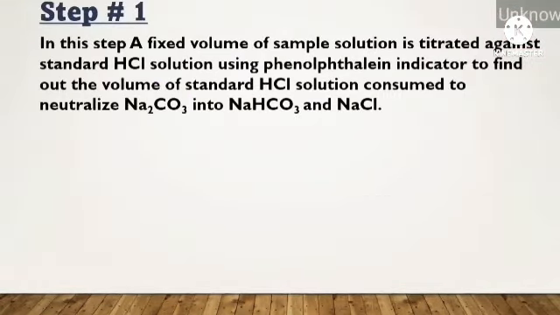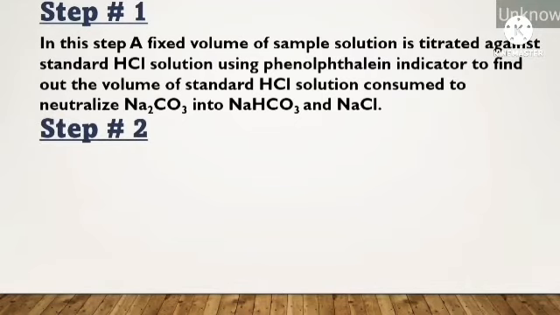In the first step, a fixed volume of sample solution is titrated against standard HCl solution using phenolphthalein indicator to find out the volume of standard HCl solution consumed to neutralize sodium carbonate into sodium bicarbonate and sodium chloride.